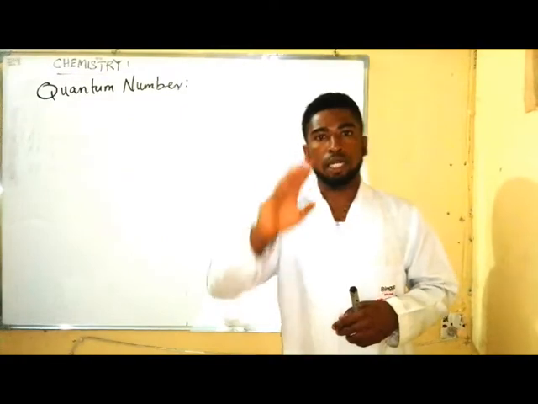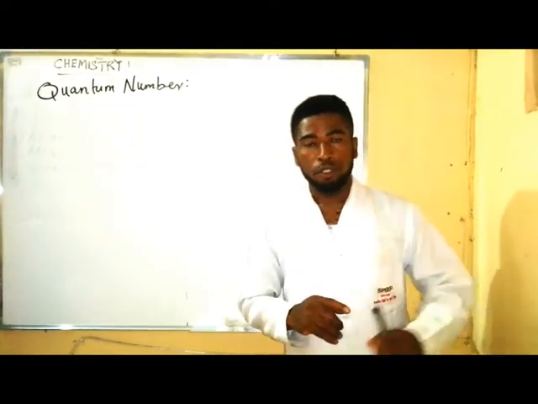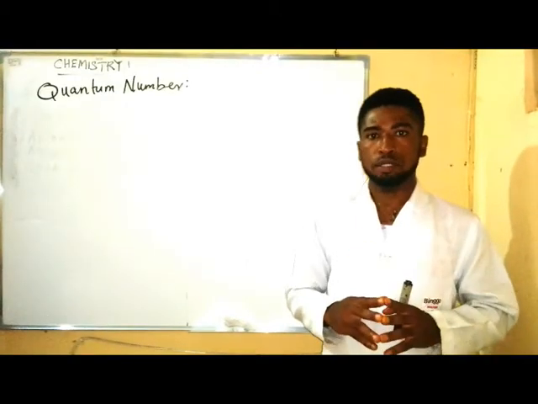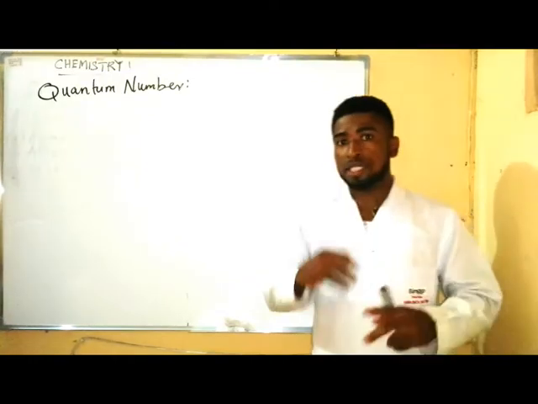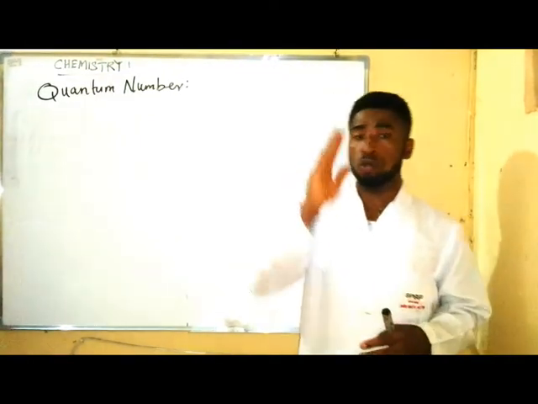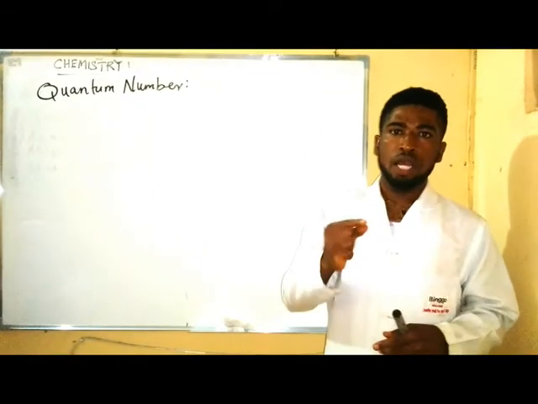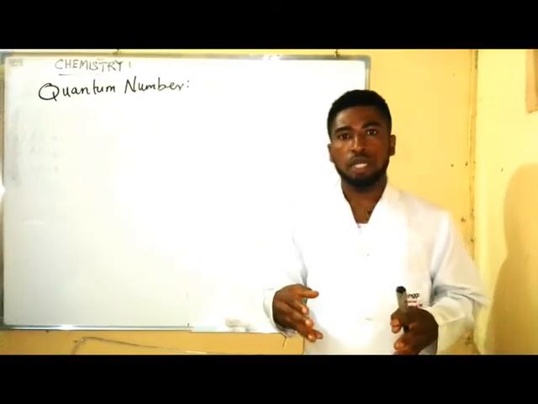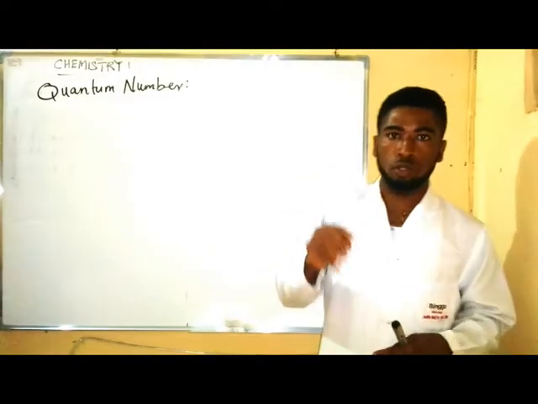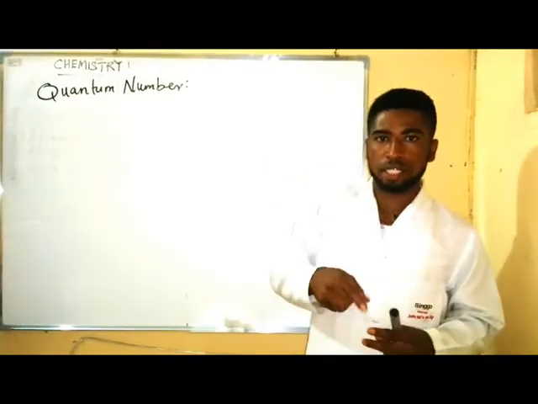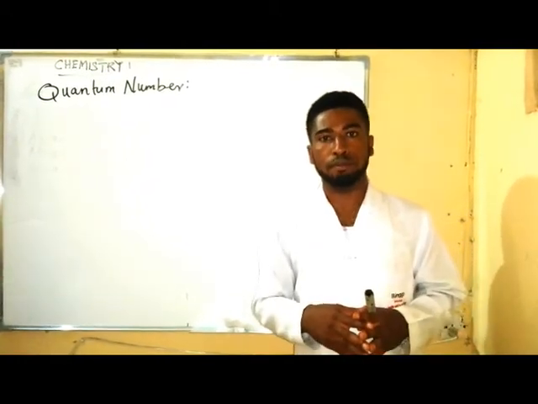Now, there are 4 sets of quantum number, but before then, if you wish to go to Enugu State and you have not been to Enugu before, you want to go there and see your brother, with a good address, you can locate your brother. In the same way, every electron in an atom has an address through which it can be located. That address of an electron in an atom is called quantum number.